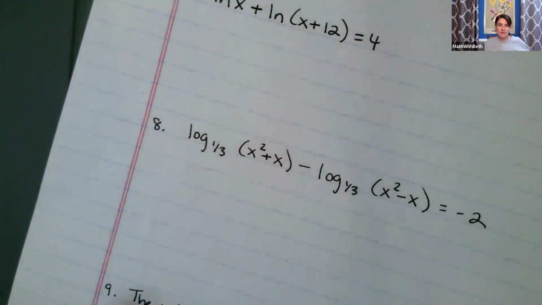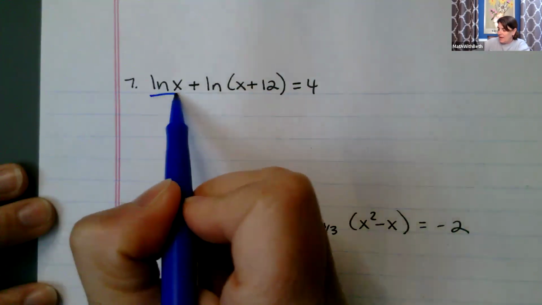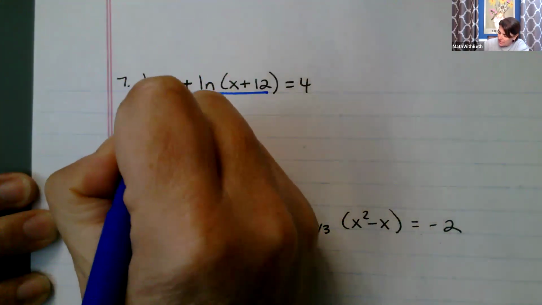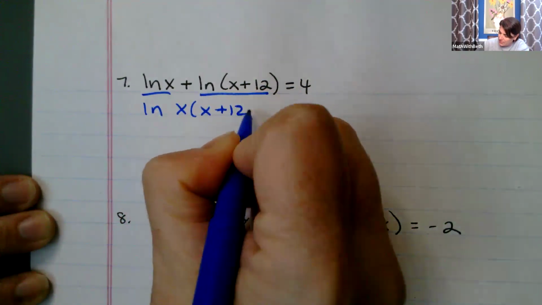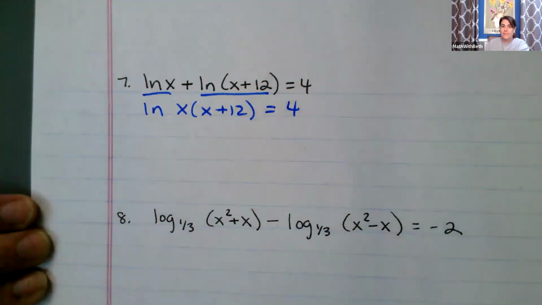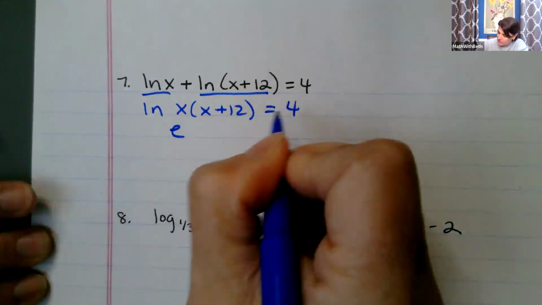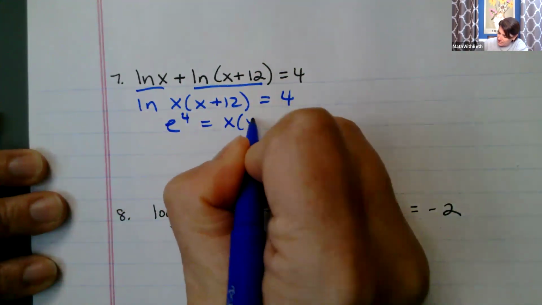Okay. 7, same idea. ln x plus ln x plus 12, I can put together as just one ln of these two things being multiplied. And now I can rewrite it. E to the 4th power equals all of this.